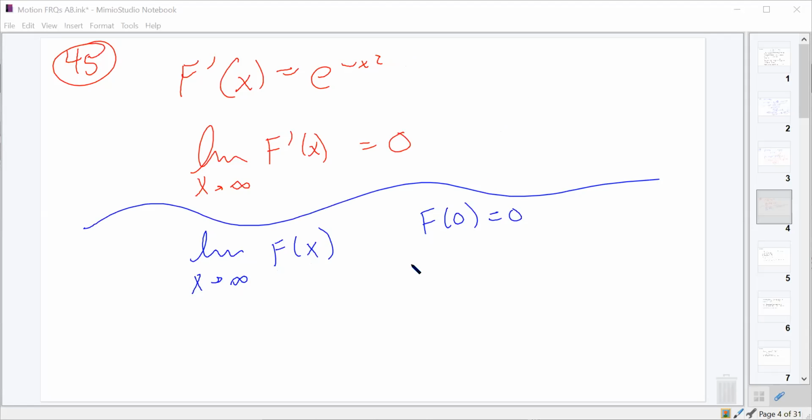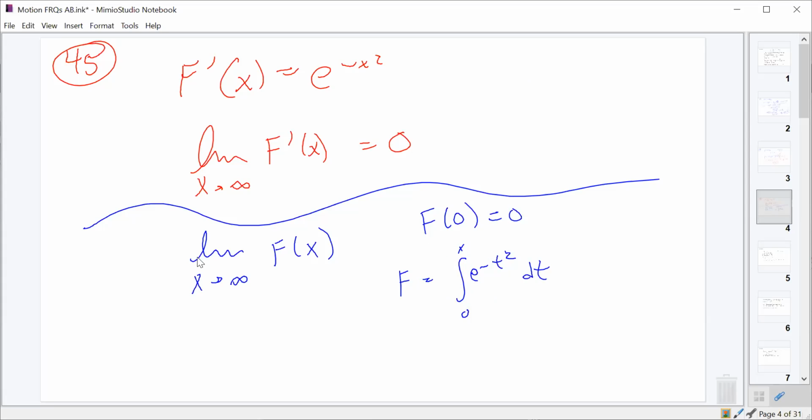So if this is what they actually meant, then we want to set this up as capital F equal to the integral from 0 to some x value of e to the negative t squared dt. And we'd be looking for the limit as x goes towards infinity of this. So all you would do then is use your calculator to evaluate this integral at a fairly large value for x.